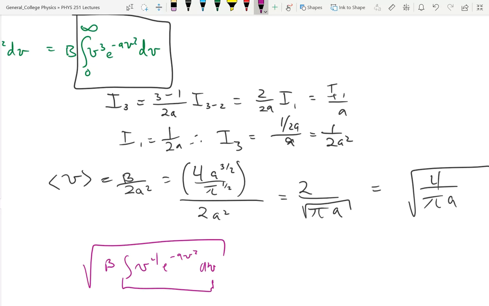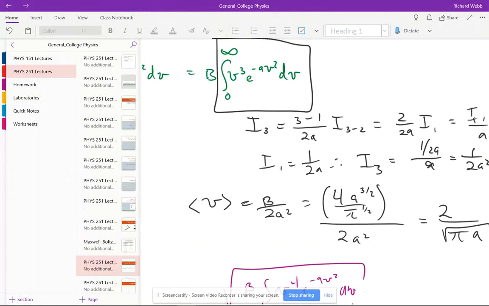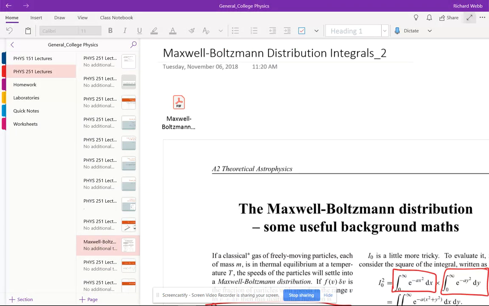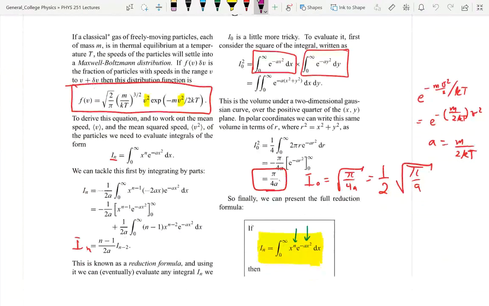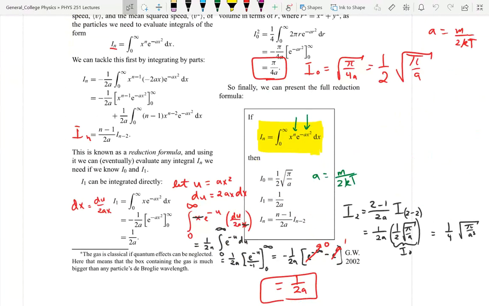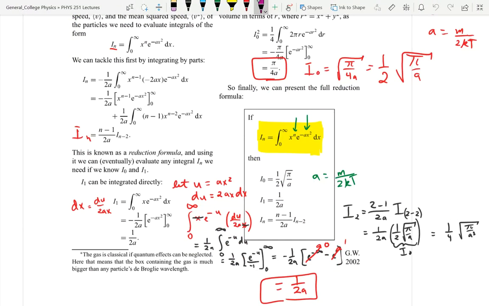I want to review here, especially because you're not really doing the integrals. The derivative, yes, you'll have to do the derivative. The integral, you're not really using your calculus skills per se. You're using this sheet and identifying, okay, so I sub 1 is 1 over 2a.